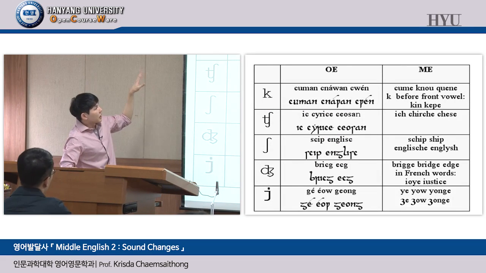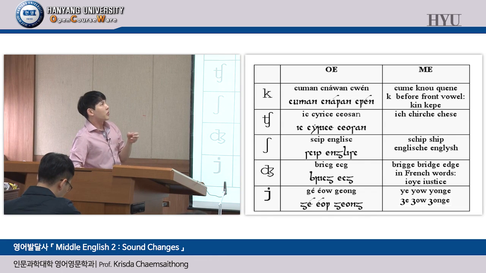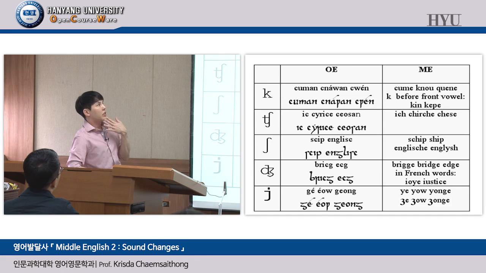This is the summary of the spelling changes that happened. So K, again, K before back vowels, right? The sound K before back vowels remains written with a C, as in cuman. So you have cum here, which is come later on, and CN, the sound still K, right?